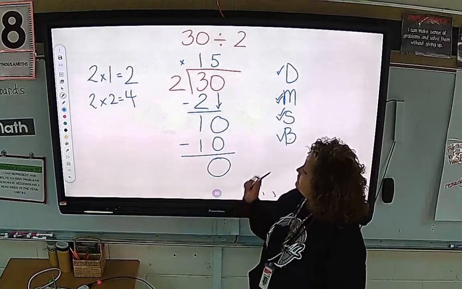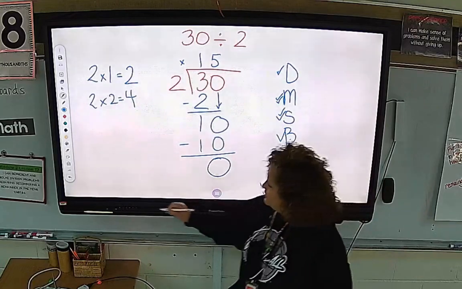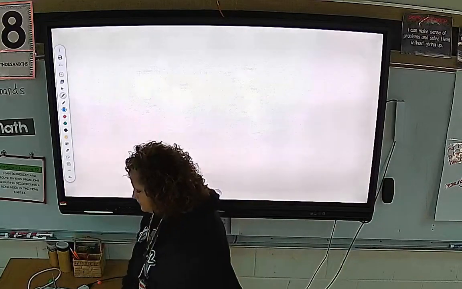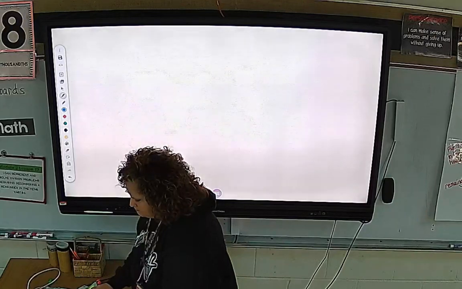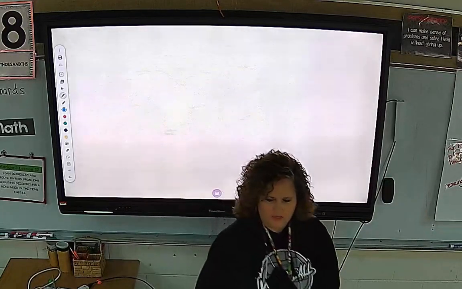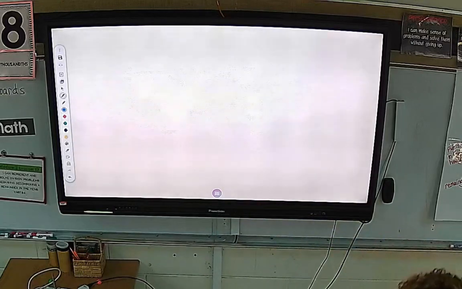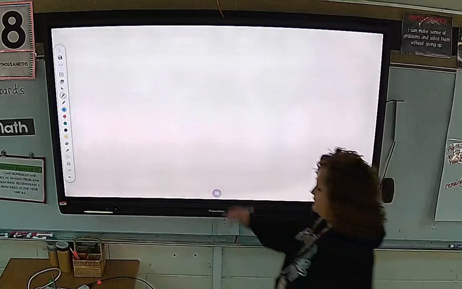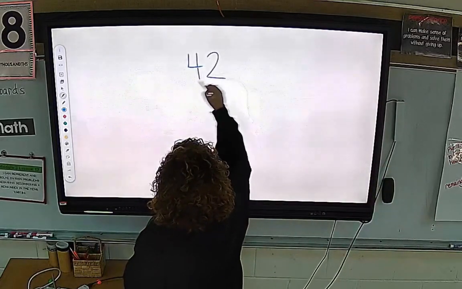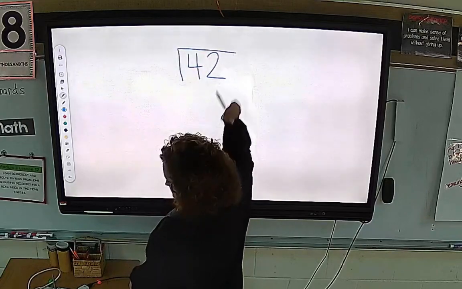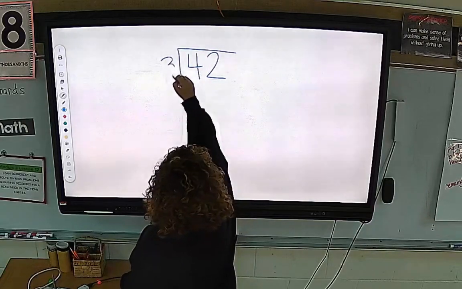All right, let's go ahead and erase that. Now, we're going to do another one, and I'm going to be a lot quieter and let you work on this first, and then we'll go over it. I want to give you a chance to do as much as you can on your own. 42 divided by 3.